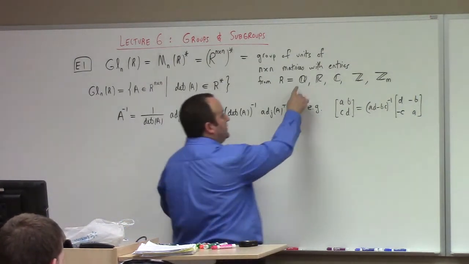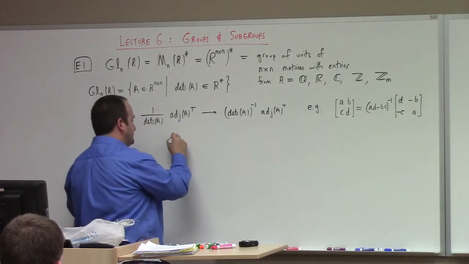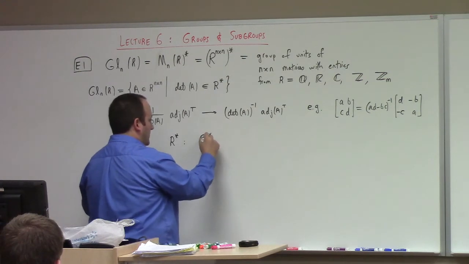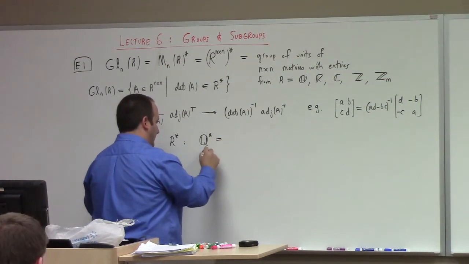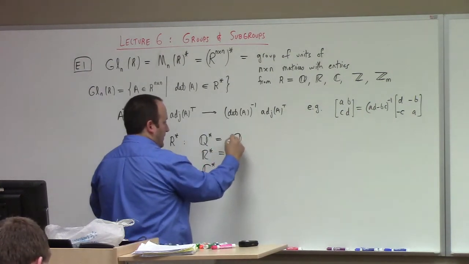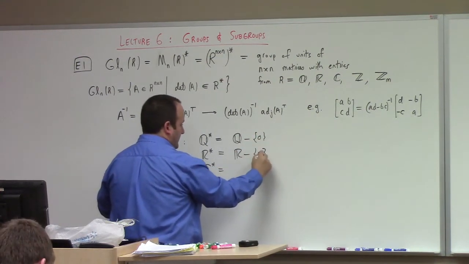You know, Q, R, and so let me get to it here. So like R star, what is it? Well, Q star is just what? These are all kind of the same story. Just take out 0, right?